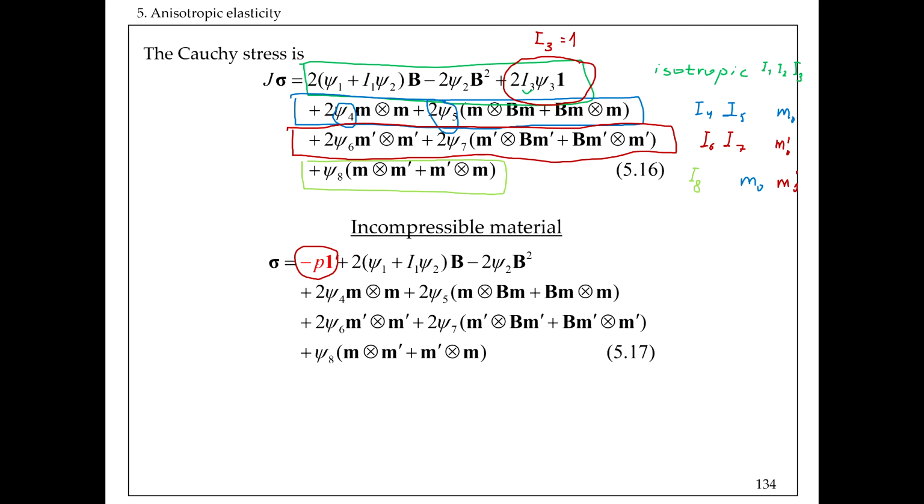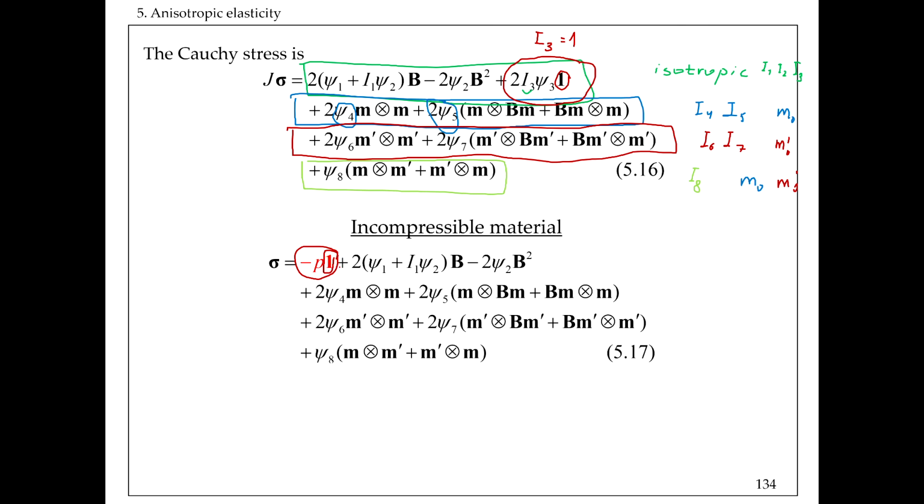So this is our familiar usual suspect, the Lagrange multiplier or hydrostatic pressure, that replaces the contribution of the third invariant, but of course the structure is multiplied by the identity tensor here in the Cauchy stress.